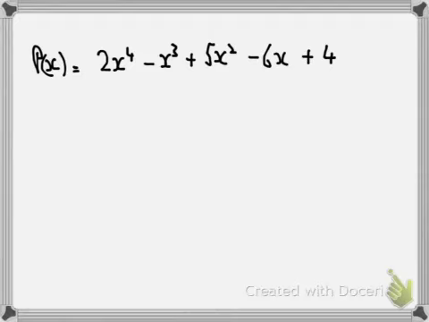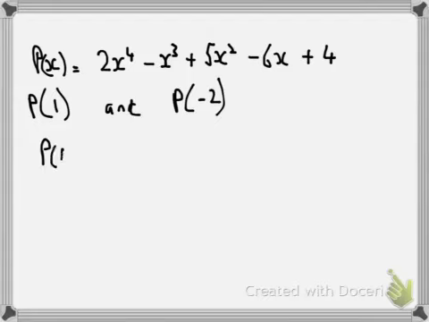And what we need to do here is find two things. We're going to find p of 1, and also p of negative 2. Alright, we're doing this without the calculator at the moment, of course. So if that's p of x, to find p of 1, we simply put in, wherever we see an x, the value 1.